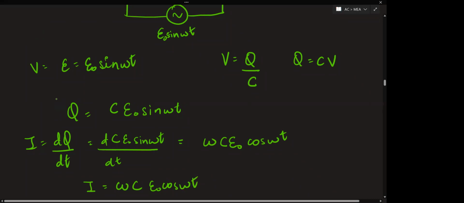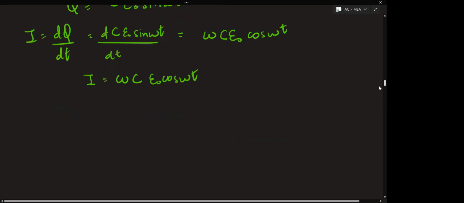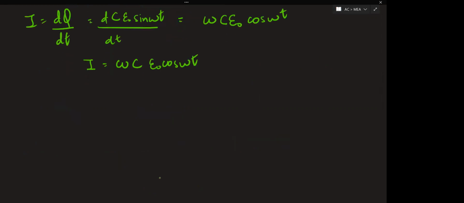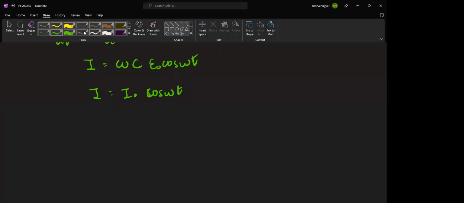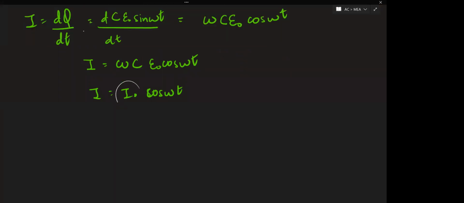Now I'll write omega C E naught as the peak value I naught. If you write the main equation, I is equal to I naught cos omega t, or sine omega t, both are valid. Comparing, here you get I naught, which is omega C E naught.